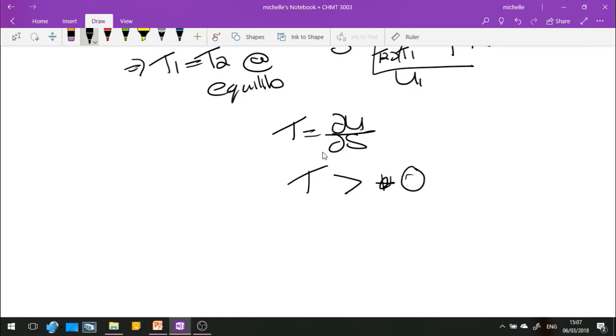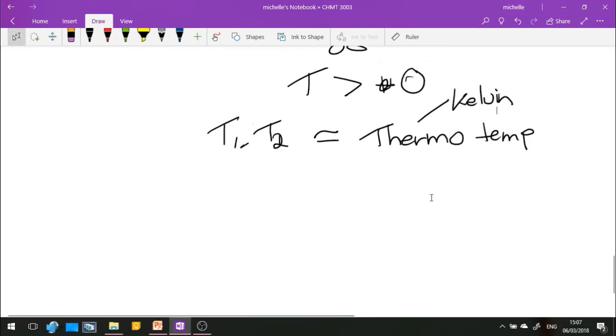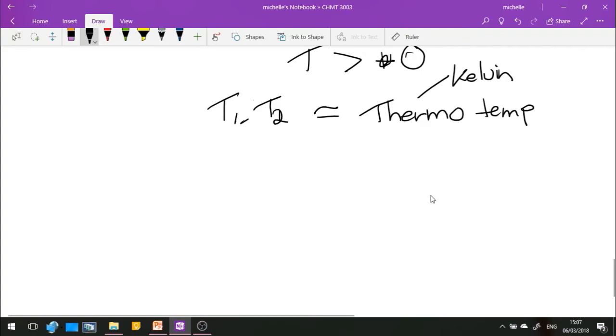So this T behaves like our thermodynamic temperature, because at equilibrium they are equal. And because it must be greater than 0, it is the thermodynamic temperature in Kelvin, your scientific temperature, and it's independent of the amount of material. Also, T1 equals T2 at equilibrium is actually the zeroth law of thermodynamics.